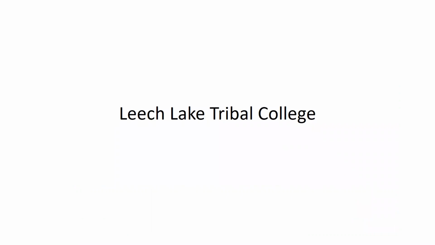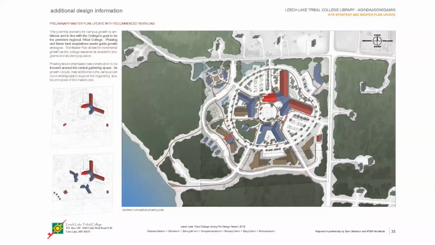Leech Lake Tribal College is another project that I worked on. The red dot in the center is the location of the library, and they have some archives in it right now. Right now, the two brown wings of the building are the only things built at this point. As part of this process, I did a master plan for the entire facility to find out where that library would want to be.